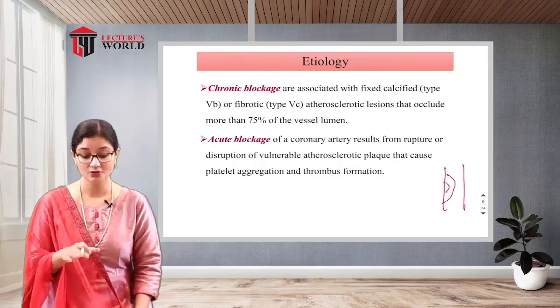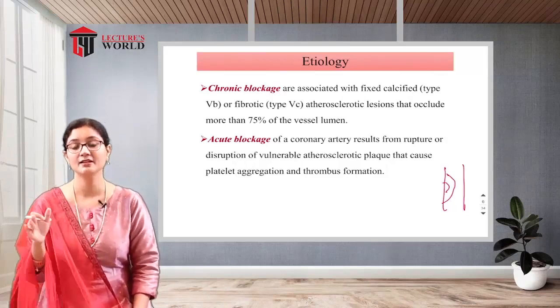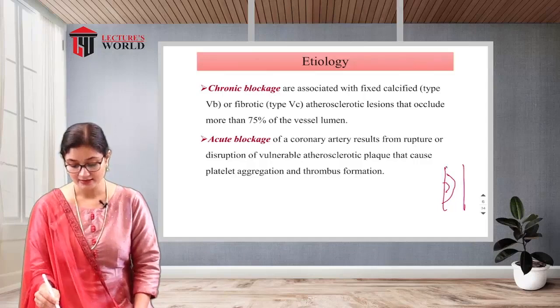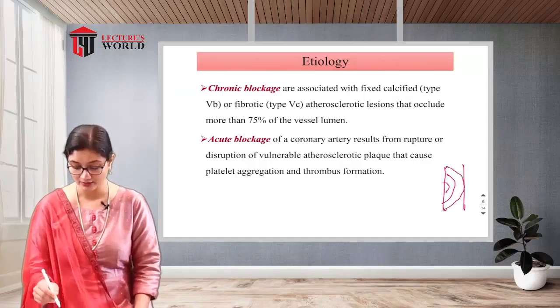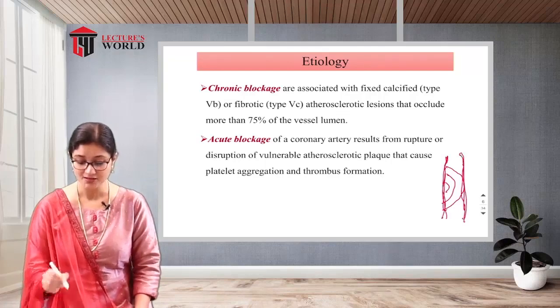So this is what chronic blockages are, which are slowly increasing with time, and as it increases it will totally block the artery. I'm not drawing diagrams over here, but I just want to make you understand that this is what is happening.